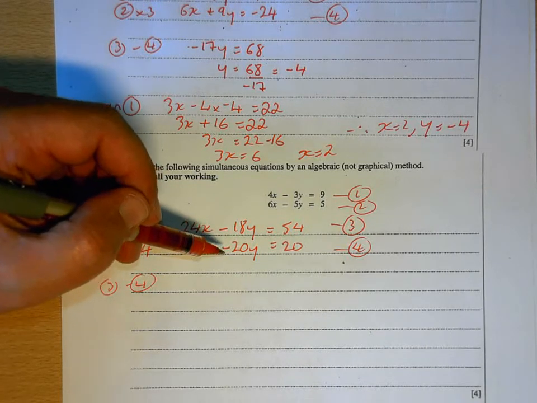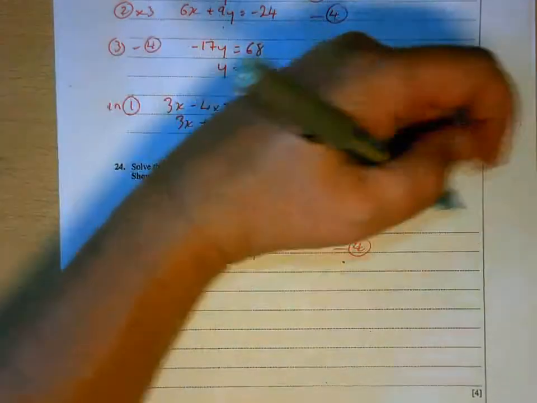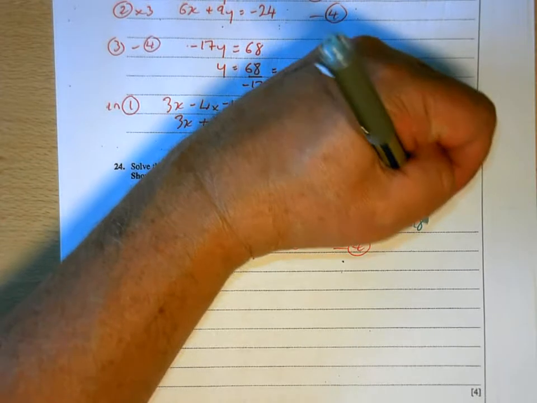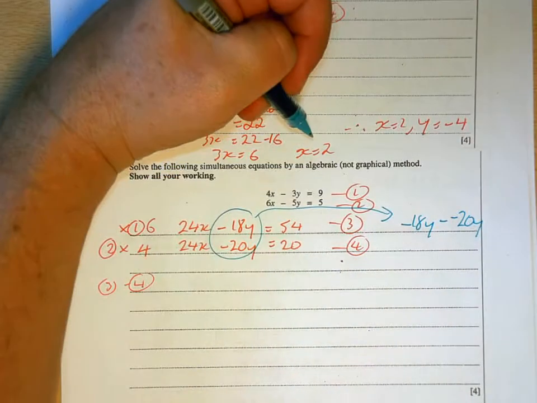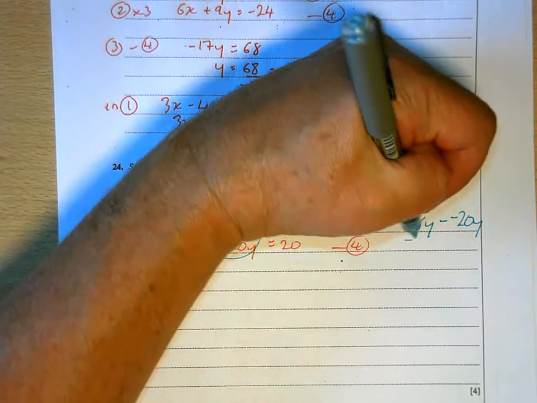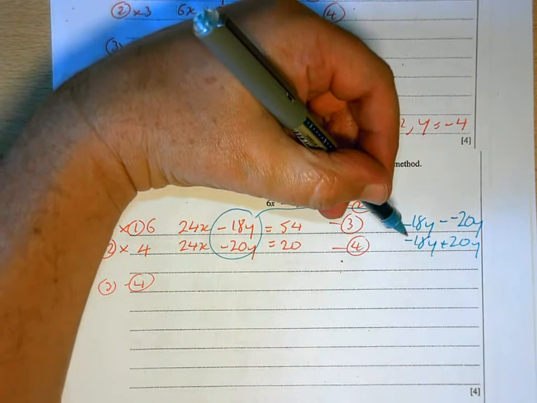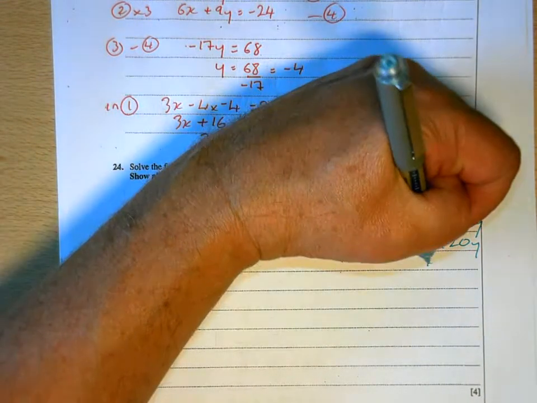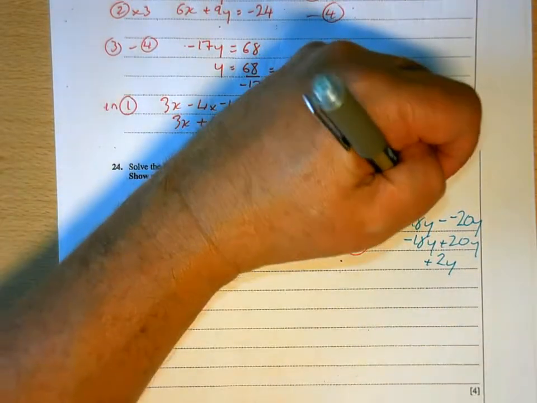If you're subtracting a negative, it's the same as adding. So I'll just do it over here, minus 18y, take away minus 20y. That's the sign that changes. So I'm at negative 18 on the number line, I'm going up 20, I end up at plus 2y.